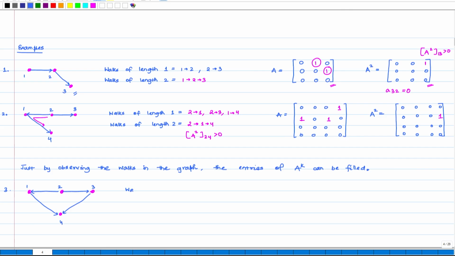So again, how many walks are there of length 1? We see that there are 4 walks.